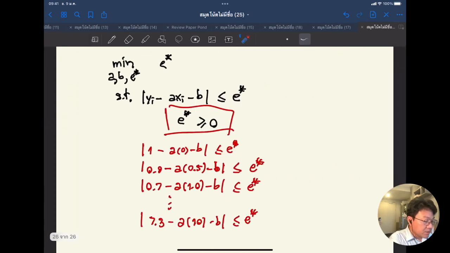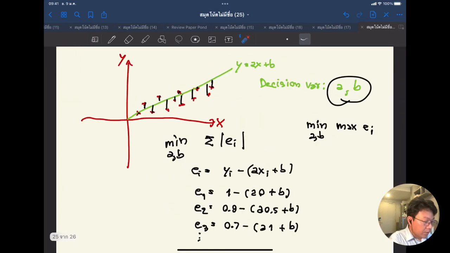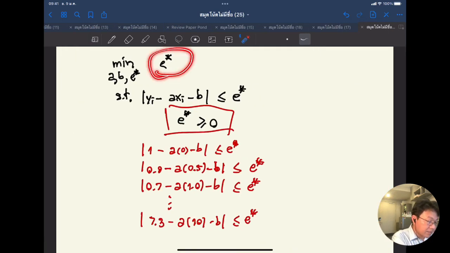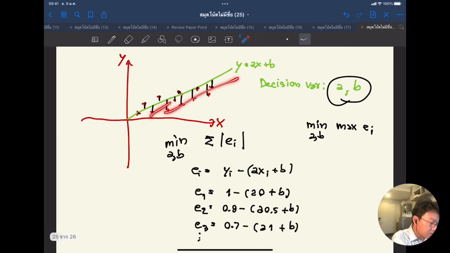But in the second case, where we derived all the constraints here, we want to minimize the maximum error, the maximum deviation. So we change A and B in order to minimize the maximum one.